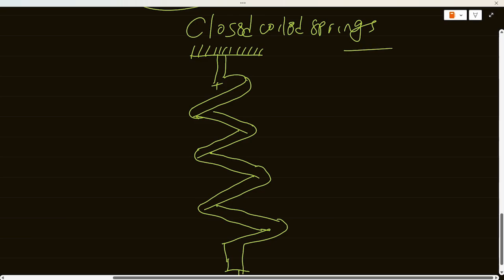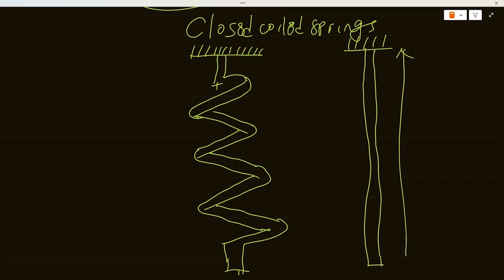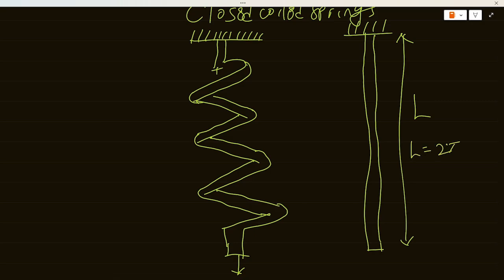Now, of course, when this spring is stretched, we have length, that is the length of spring, and the length of spring has a formula. The formula is L equals 2 pi r n. Don't worry, I'm going to explain.